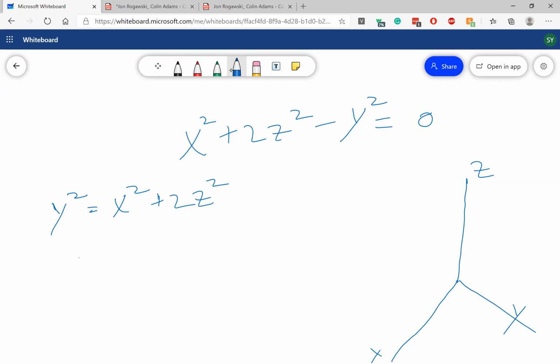So let's try to set z, for example, to be a constant.